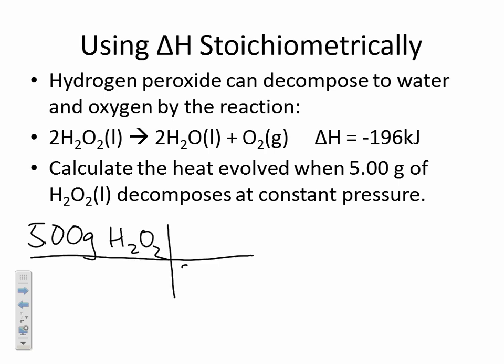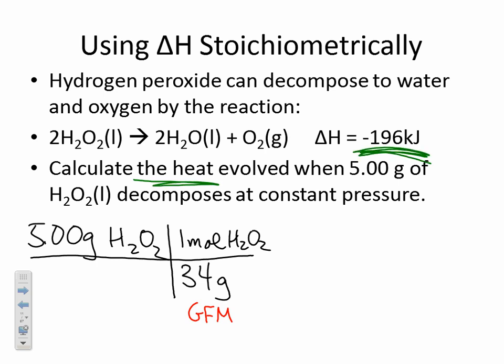Convert that to moles. So we're using the gram formula mass here of hydrogen peroxide. This is our GFM. And that gets us moles of hydrogen peroxide. But we want heat. Calculate the heat. So we want kilojoules. Well, kilojoules are here, but this number is directly tied to each one of the coefficients.